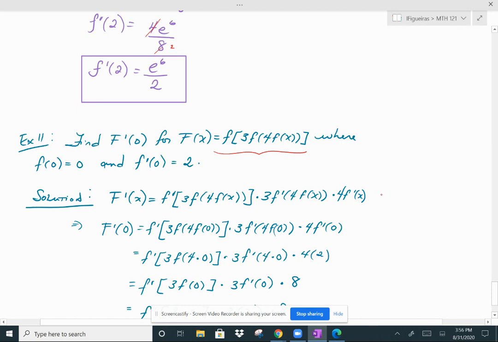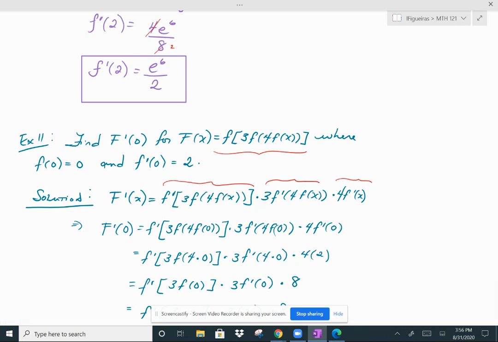So F prime of x is equal to f prime, remember you work from the outside, f prime of, and then you have the innermost part, which is what you see above, times 3 times the derivative of the middle function, f prime of 4 of f of x, and then 4 times the innermost function, which is 4 times f prime of x. Remember, the coefficient just comes along with the derivative.